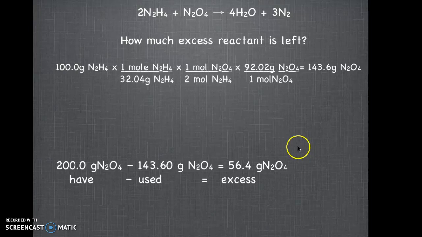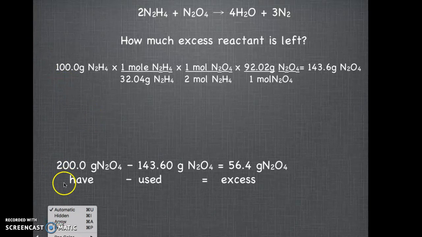Okay, so here is another way we could do this here. Remember how earlier we said that this 100 grams of N2H4 was our limiting reactant right here? What we could do is we could say, hey, I know that the N2H4 is going to run out first.